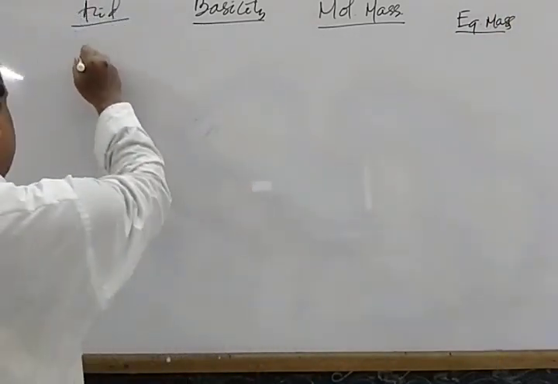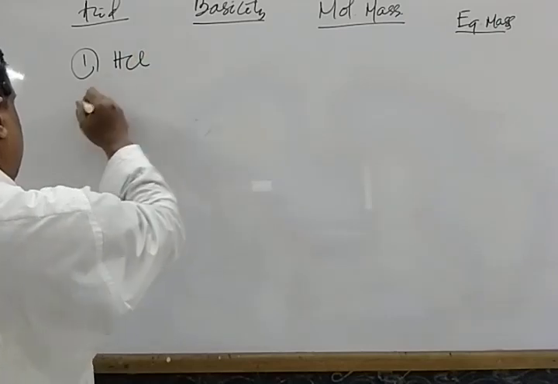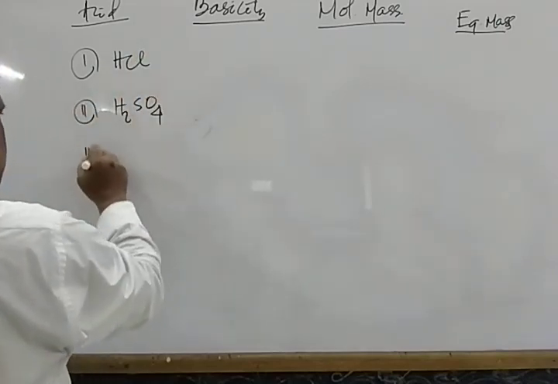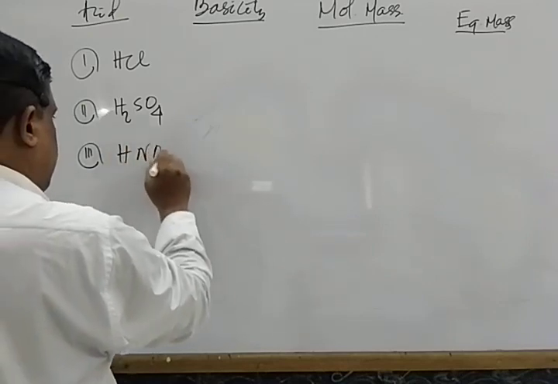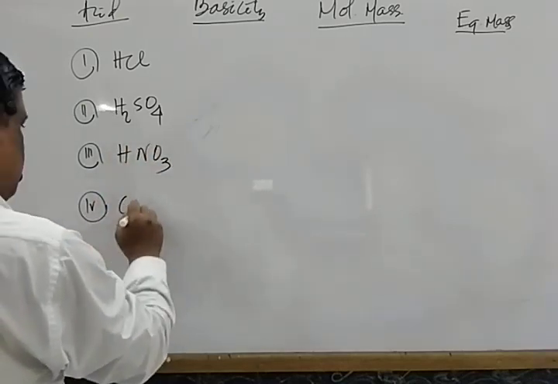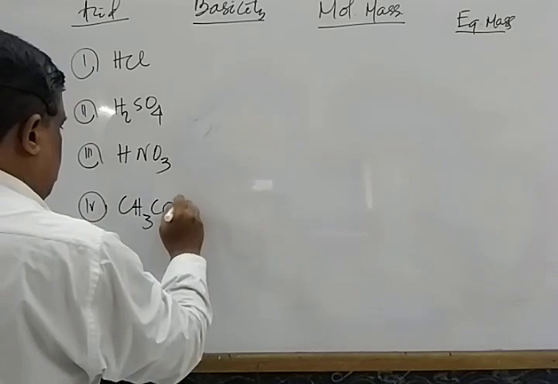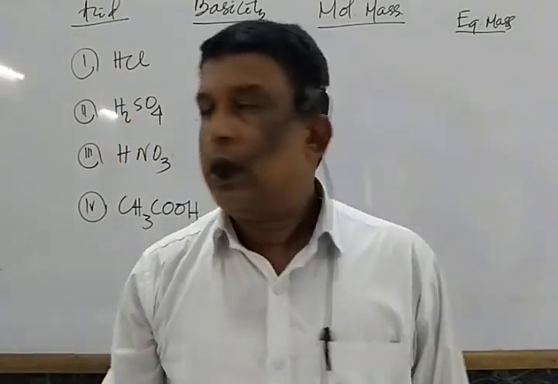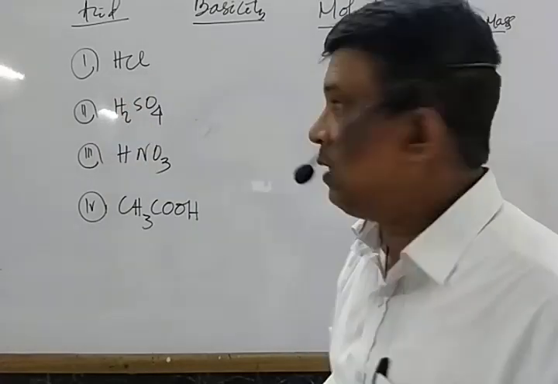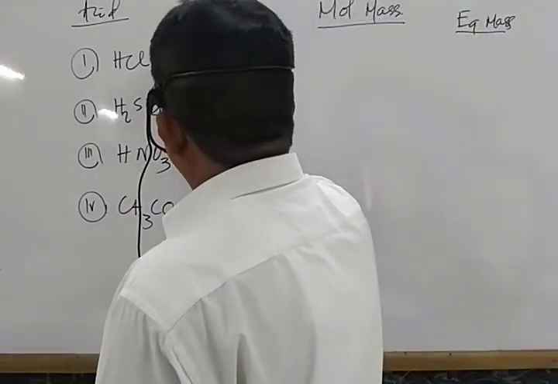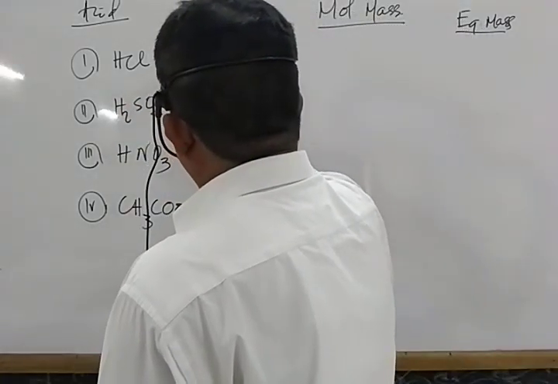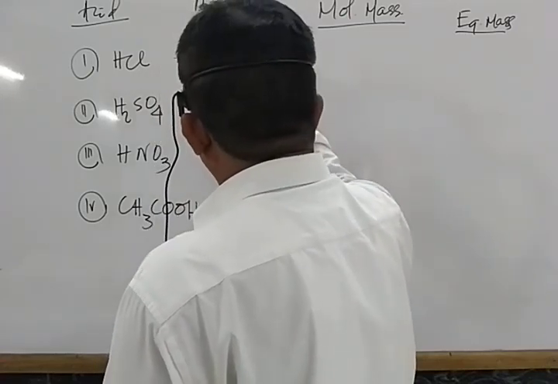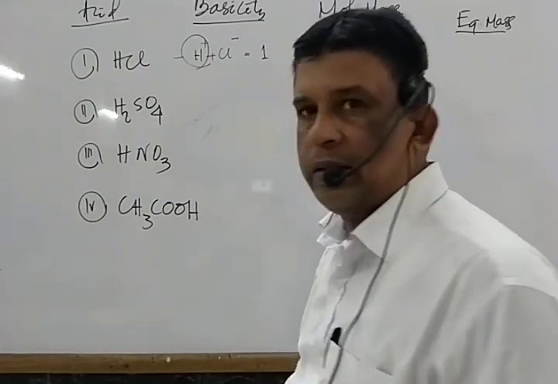For example, HCl, H2SO4, HNO3, CH3COOH. Mark that, some common examples are there. First one is hydrochloric acid. It gives rise to H plus and Cl minus. Only one replaceable ion, basicity is 1.